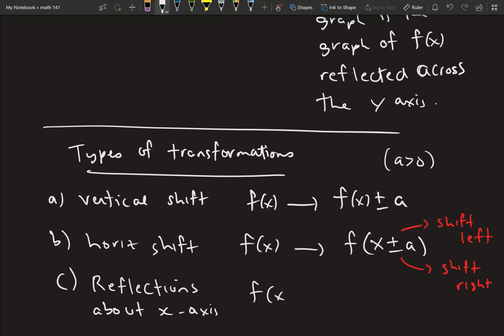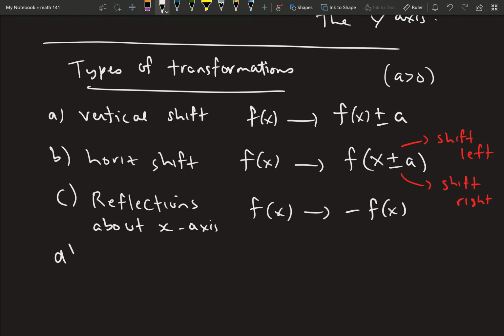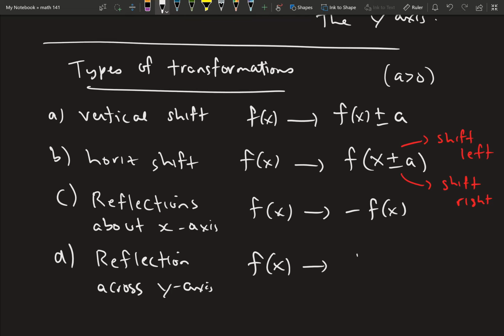And that's where you start with f and you end up with negative f of x. That's a reflection across the x-axis. And then there's the reflection across the y-axis. And that's where you start with f of x and you get f of negative x.